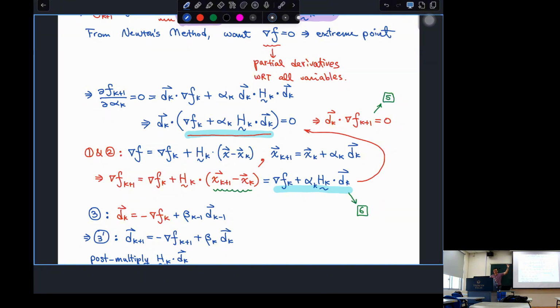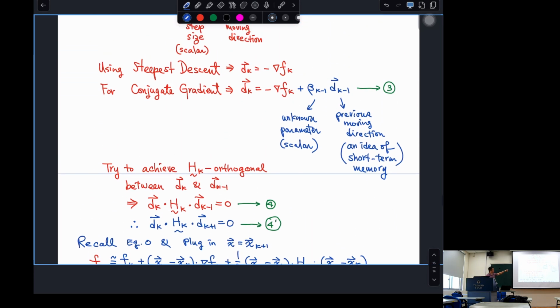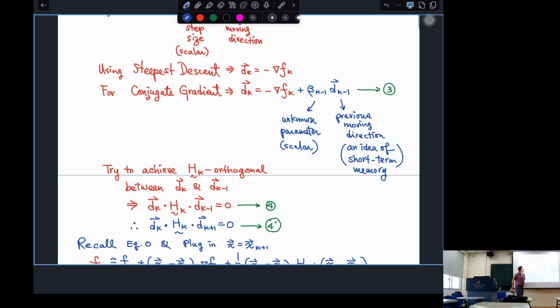And for the conjugate gradient term, we just introduce a new way to adjust this equation. So at the end, it will become the idea of H-orthogonal.